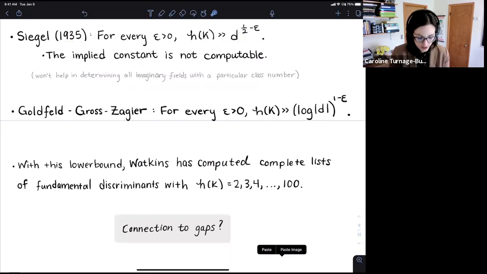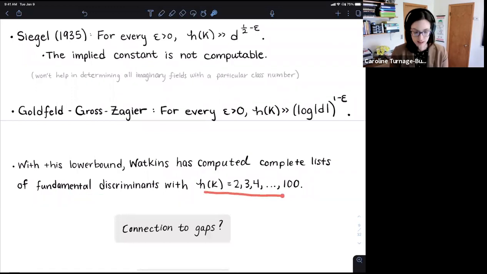But then Goldfeld and Gross-Zagier proved a strong enough lower bound on h of k where the implied constant is computable. And it's strong enough so that Watkins has computed complete lists of fundamental discriminants which yield class numbers all the way up to 100. All right, so it's strong enough here. But it's not strong enough to eliminate the possibility of a Siegel zero or Landau-Siegel zero.